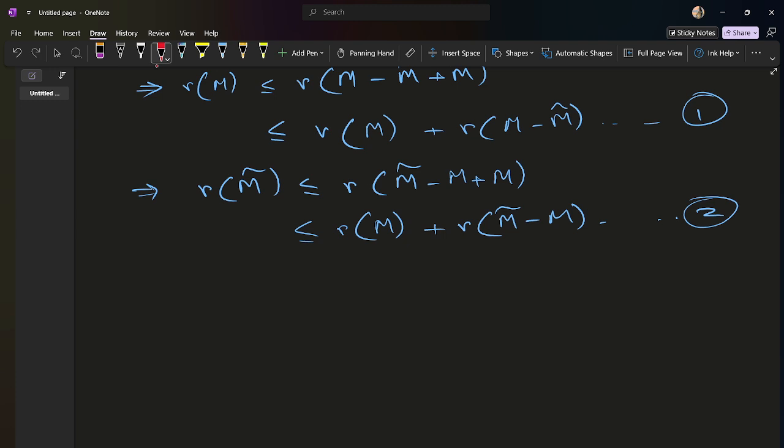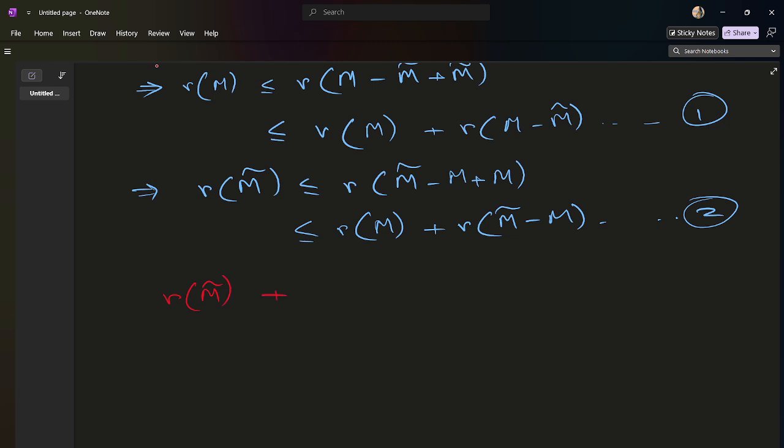From 1 and 2 we will get this, and I will take M here, so M cap will go to this side.